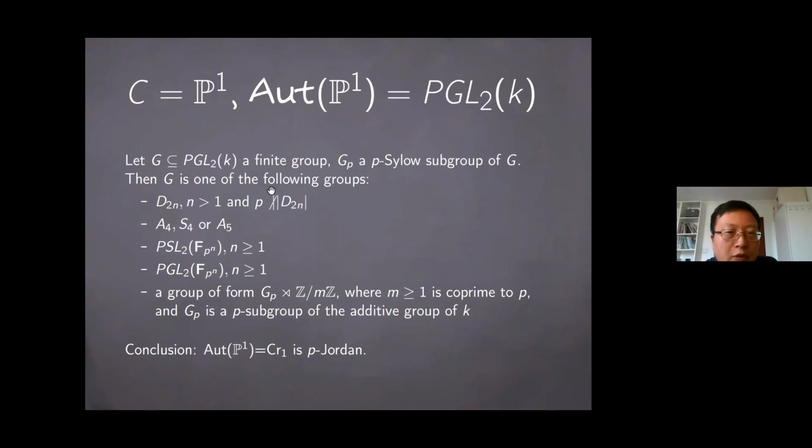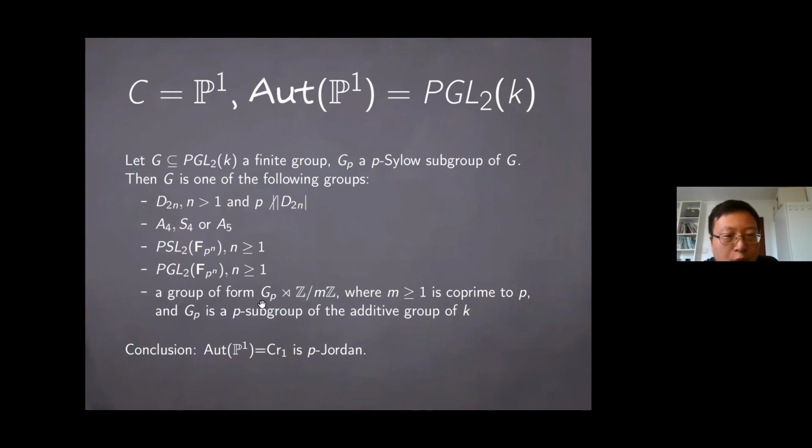Then G is one of the following: first, the dihedral group D2N; then A4, S4 or A5; and these are PSL2 and PGL2 over F_PN, just as we mentioned before.